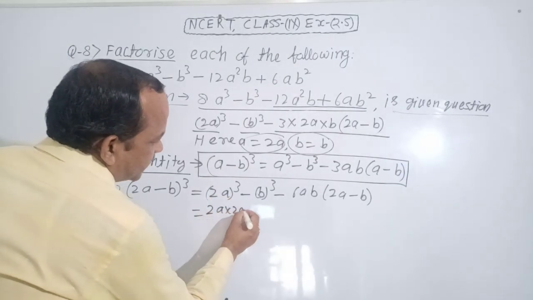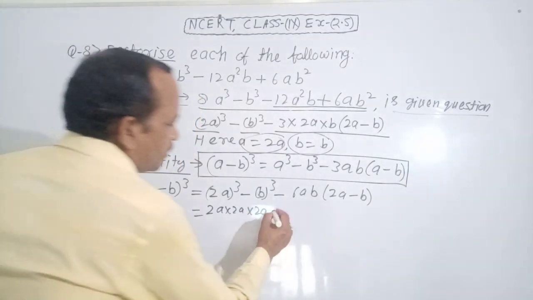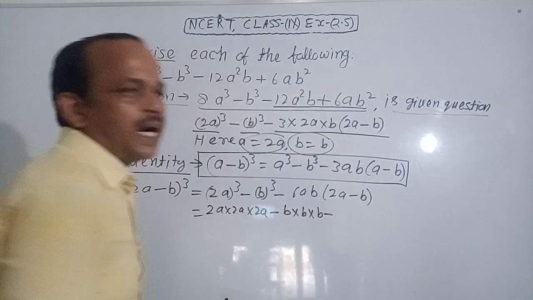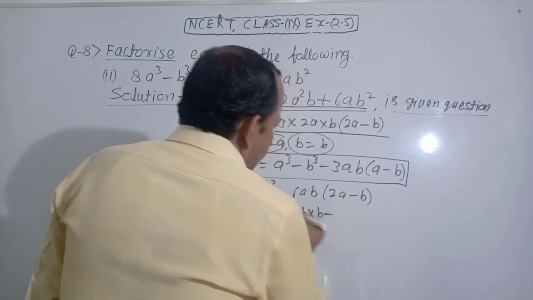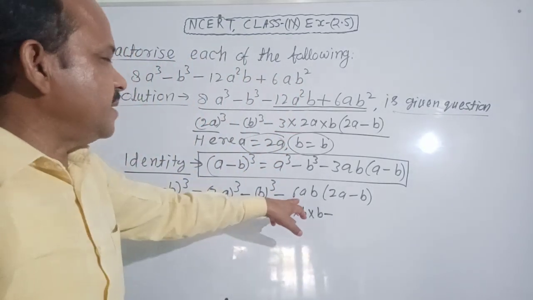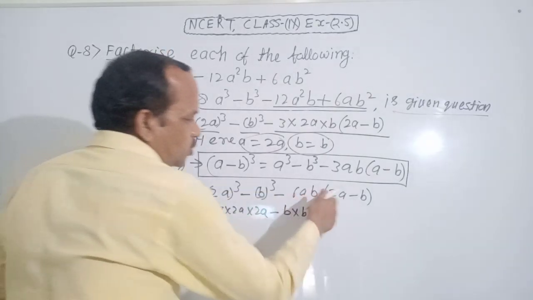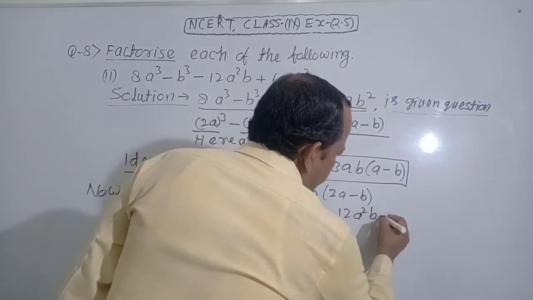You can write it as 2a multiply 2a multiply 2a minus b multiply b multiply b minus. Here you multiply 6ab and 2a; it becomes 12a square b.